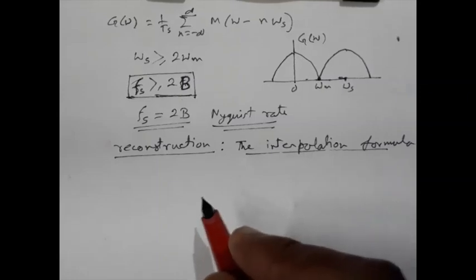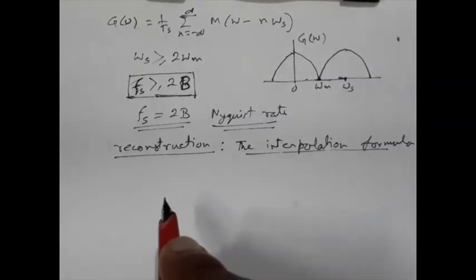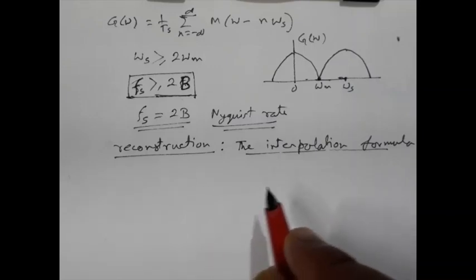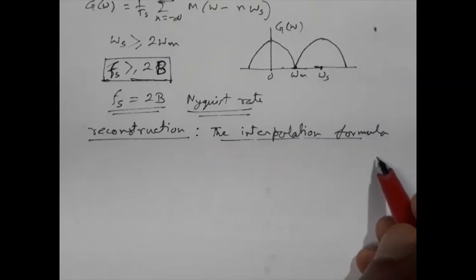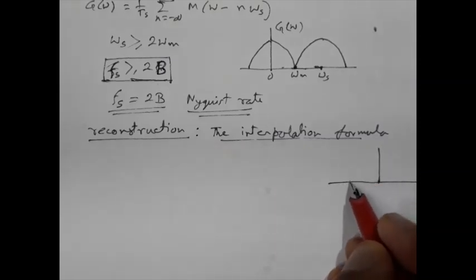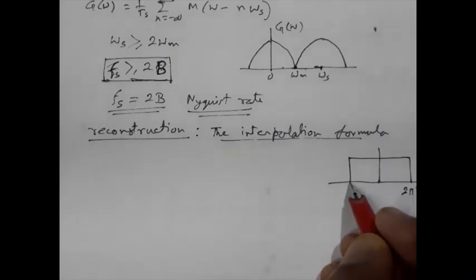To reconstruct a signal m(t) band limited to, say, B Hz, its samples are passed through an ideal low pass filter of cutoff frequency B Hz. So consider the response of an ideal low pass filter.